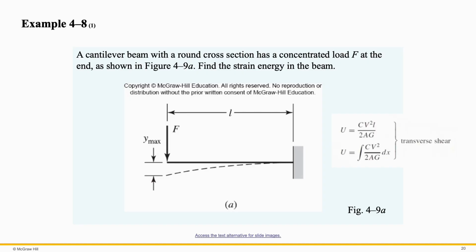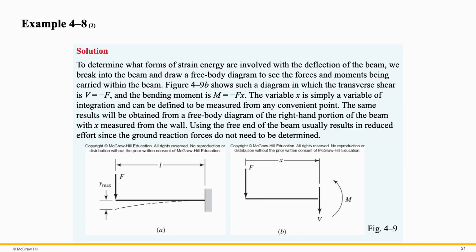For this purpose, we will use the following formula which was presented on the previous slide. We are analyzing the strain energy due to transverse shear. For this reason, we need to use this C factor. The C factor for a circular cross-sectional area is equal to 1.11, which means that we will substitute 1.11 into this equation.